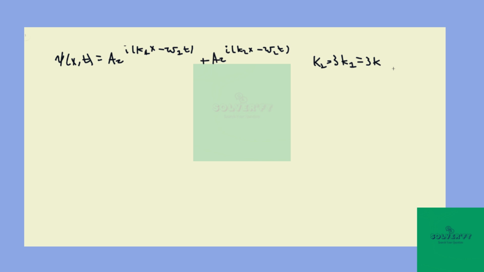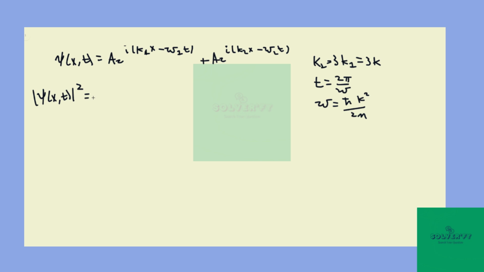So part A wants to know what is the smallest positive value of x for which the probability distribution function has a maximum at time t equals 2 pi over omega, where omega is equal to h bar k squared over 2m. Okay, so now let's look at psi squared, the probability distribution function.